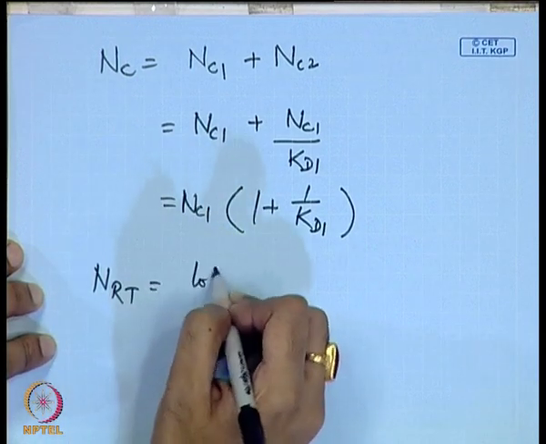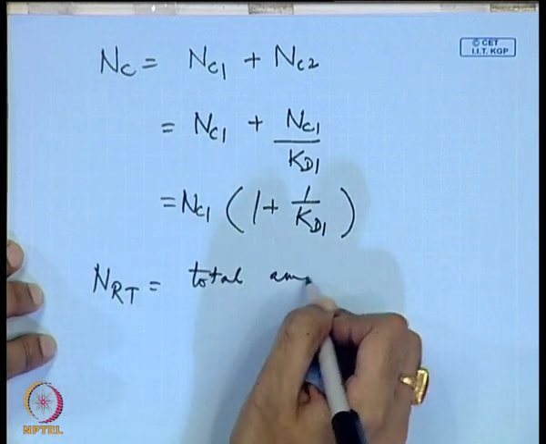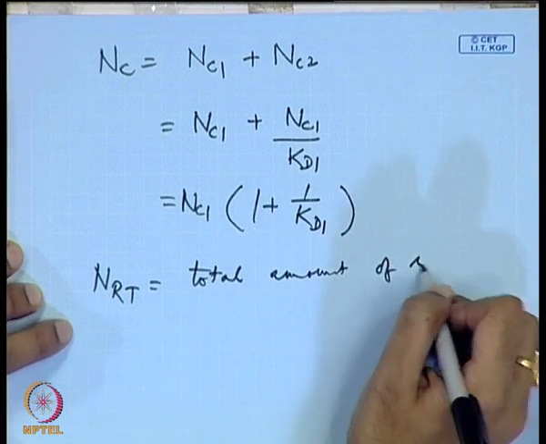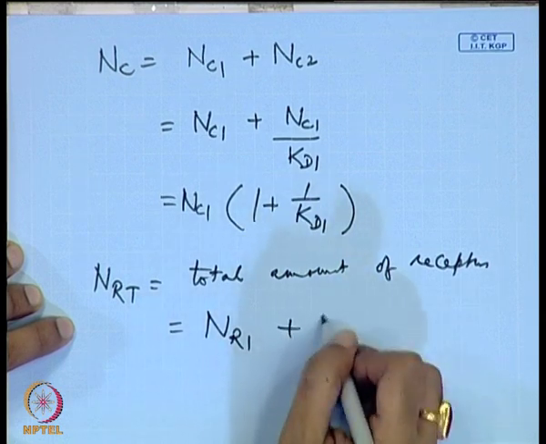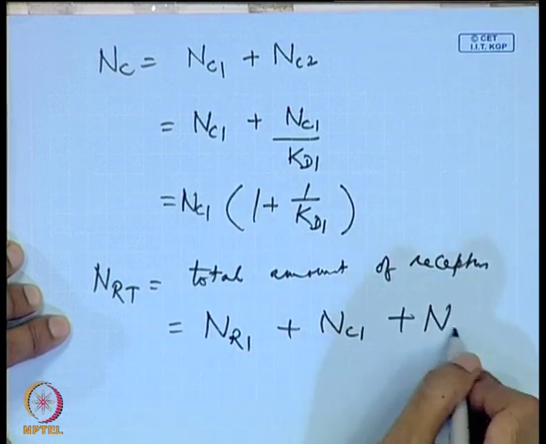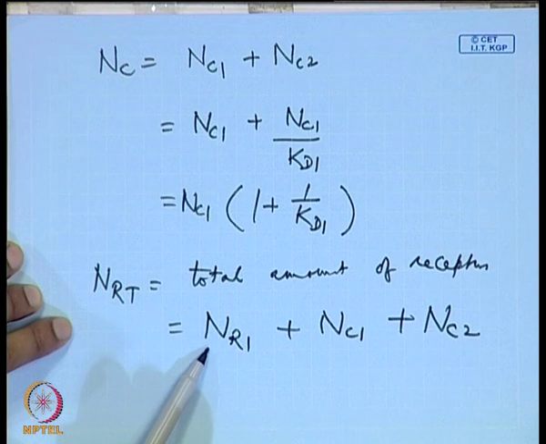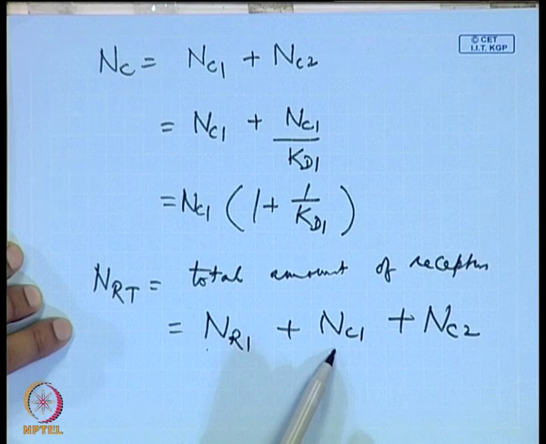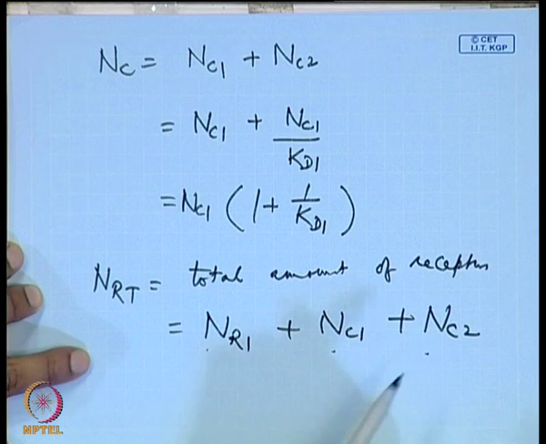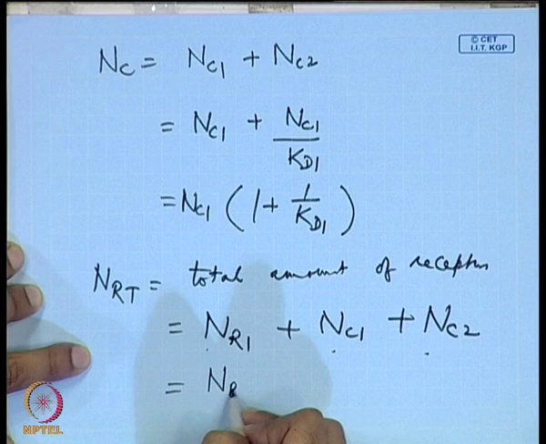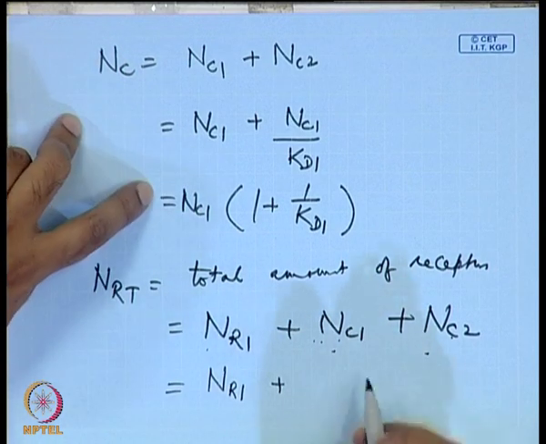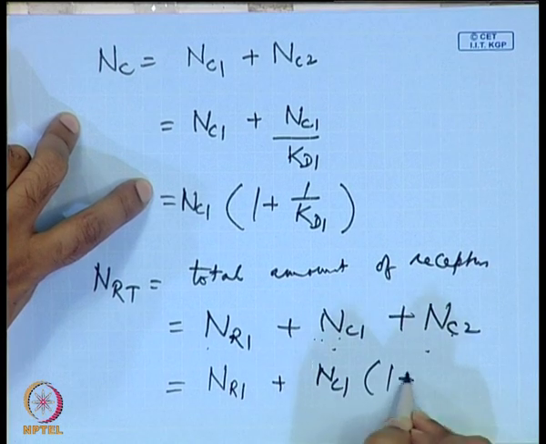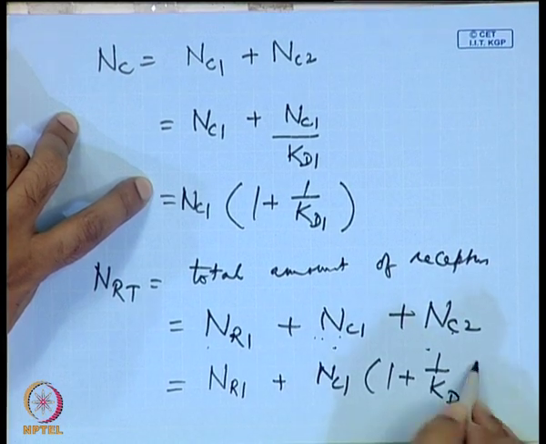NRT is the total amount of receptors, which is NR1 plus NC1 plus NC2, or in other words, receptors that are completely free, receptors that are in complex 1, and receptors that are in complex 2. So, I can write this now as NR1 plus, as I have already calculated, NC1 and NC2 together, which is NC1 times (1 plus 1 over KD1).